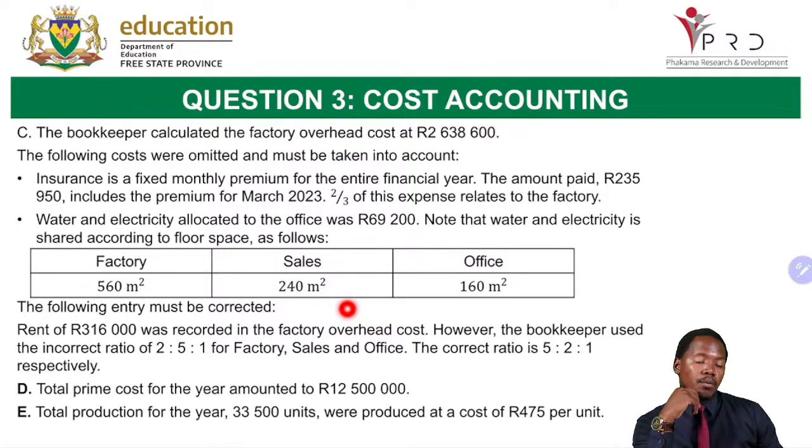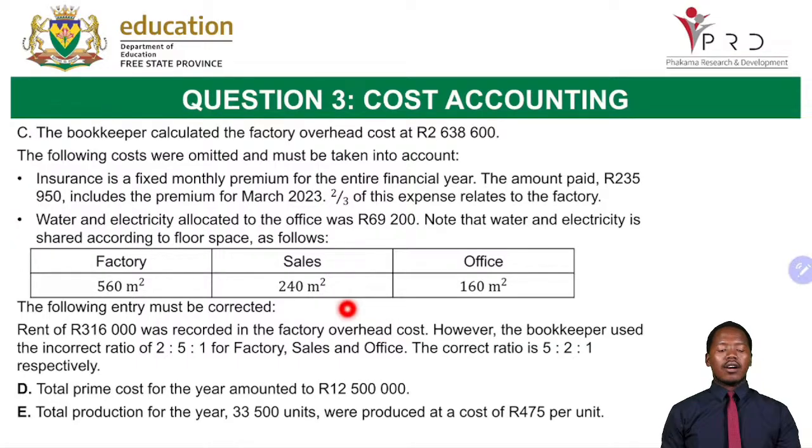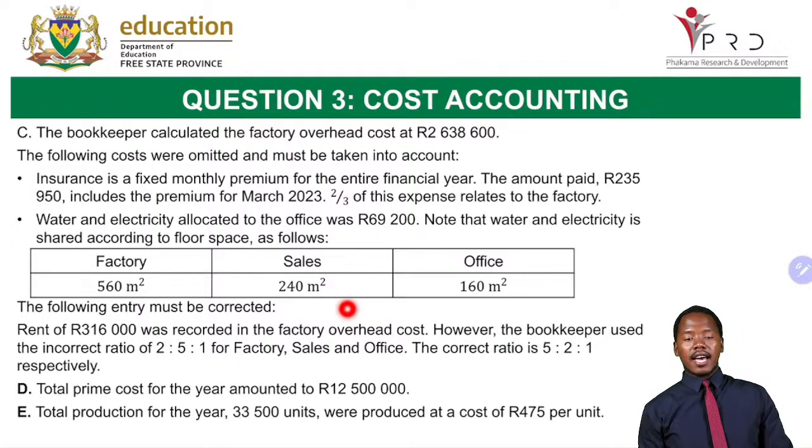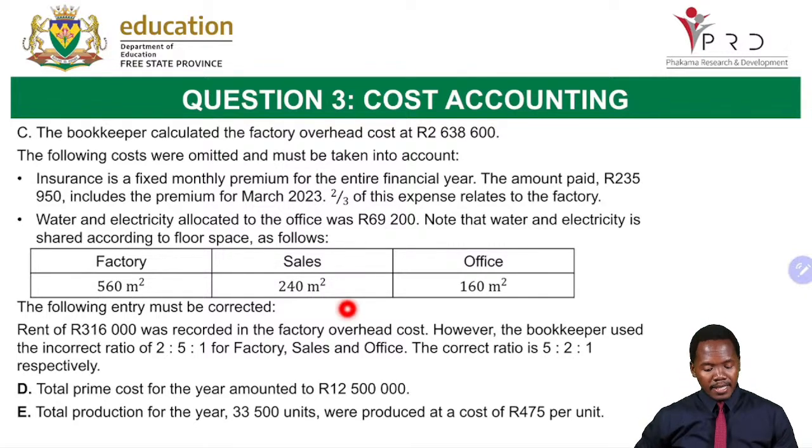Two-thirds of this expense relates to the factory. Next point, water and electricity allocated to the office was 69,200. Note that water and electricity is shared according to floor space as follows: factory 560 square meters, sales 240 square meters, office 160 square meters. Now, the following entry must still be corrected.